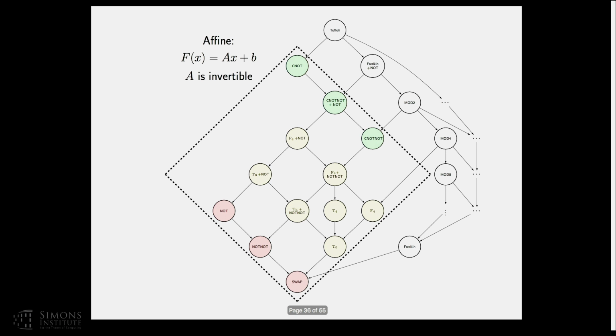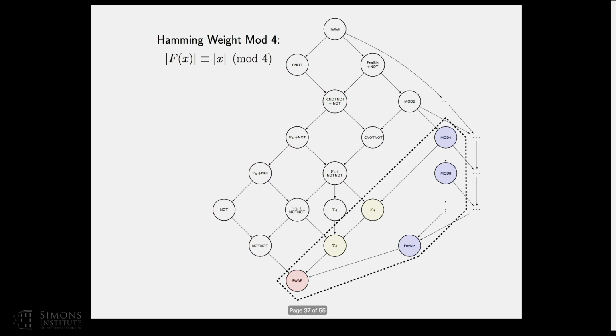And then finally, most generally, you have the affine. Well, most generally for the affine case, at least, all you require is that A is invertible. So I could do this for all these boxes in here, but that would probably be a pretty boring talk. So I'm just going to pick one more random one.